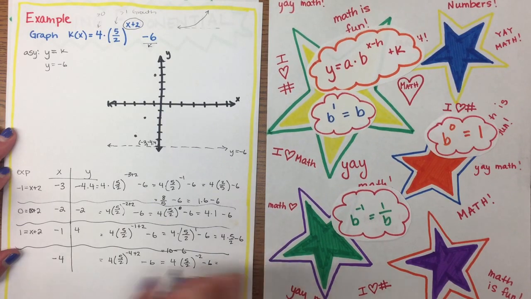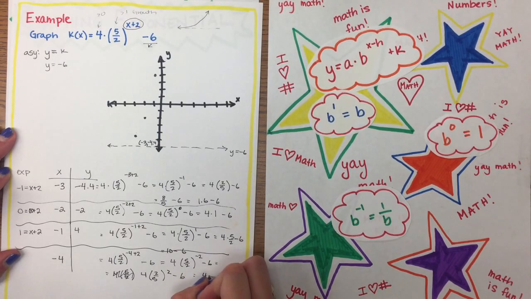Or 4 times 5 halves, or I'm sorry, 4 times 2 fifths squared minus 6. So that is 4 times 4 over 25 minus 6.